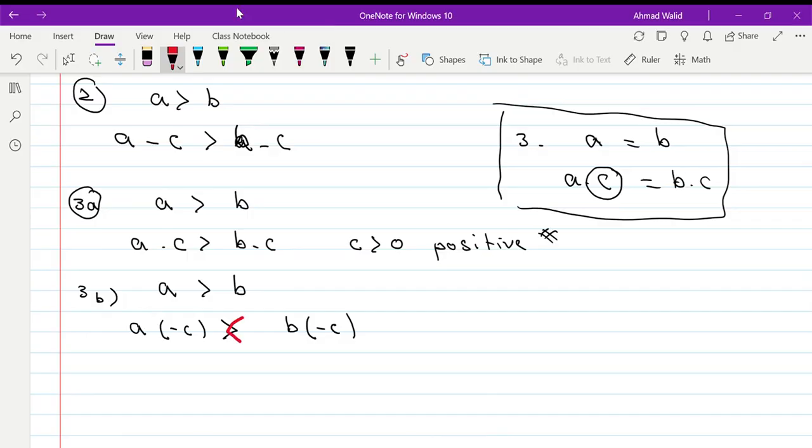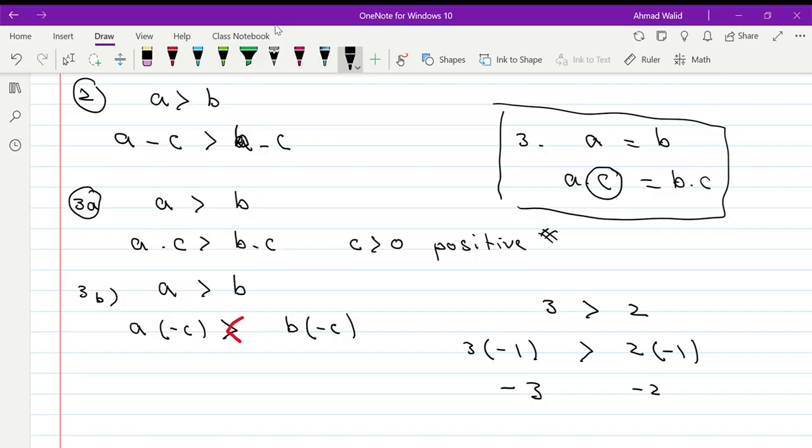Why? Look here. For example, 3 is greater than 2. If I multiply 3 with negative 1, and I multiply 2 with negative 1, and I keep my sign like this, look what's happening. 3 times negative 1 gives you negative 3, and 2 times negative 1 gives you negative 2.